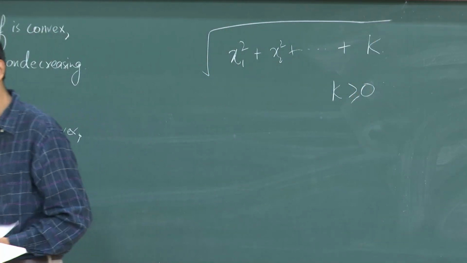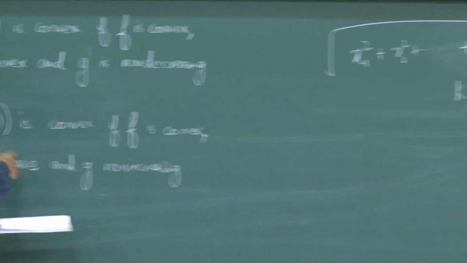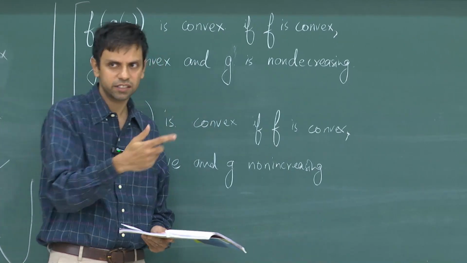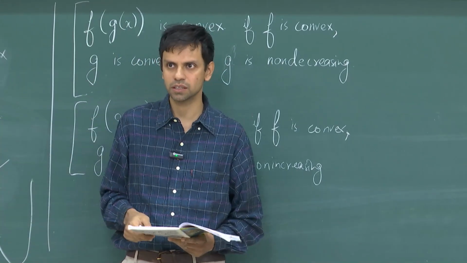Okay, what about this function? Convex. Okay, used in distances and such. But again, it is difficult to apply these rules; we know already from some other analysis that these are convex.